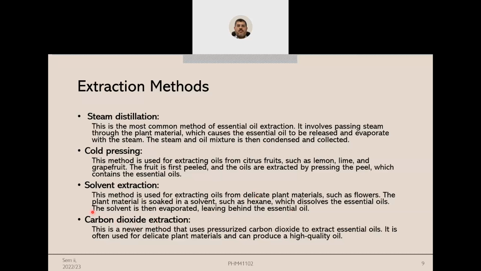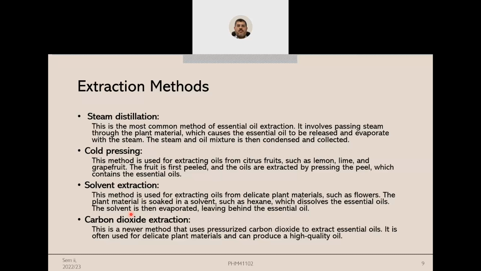Then the new, modern method now being used in industry is carbon dioxide extraction, or supercritical fluid extraction. In this method, carbon dioxide is used under certain temperature and pressure that will make it liquid, just before the evaporation point.